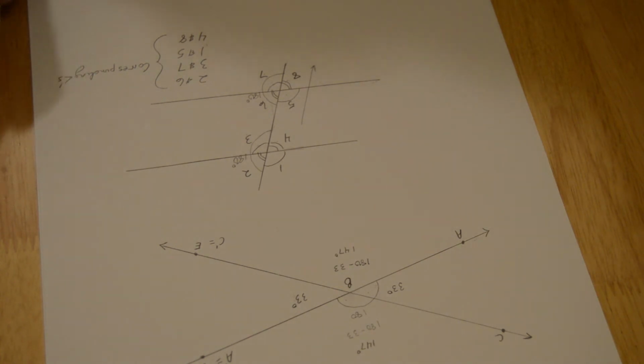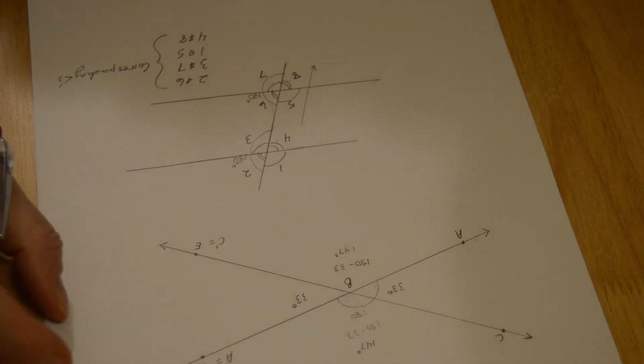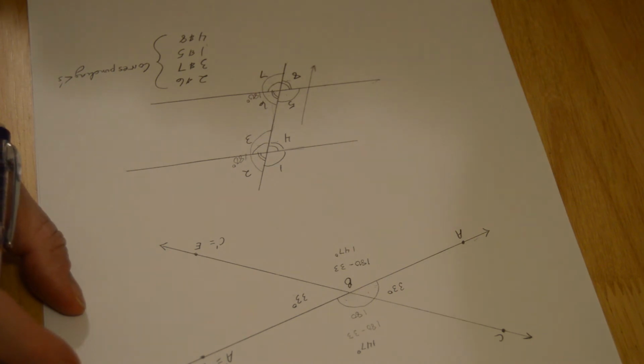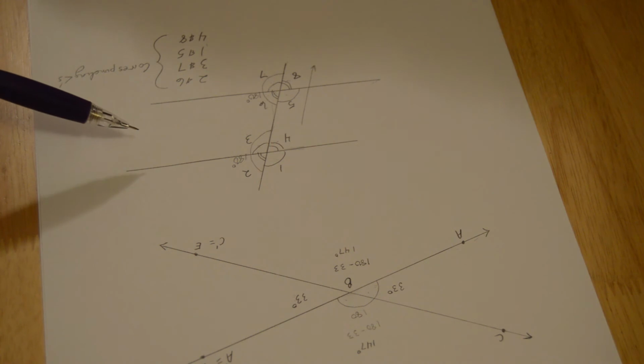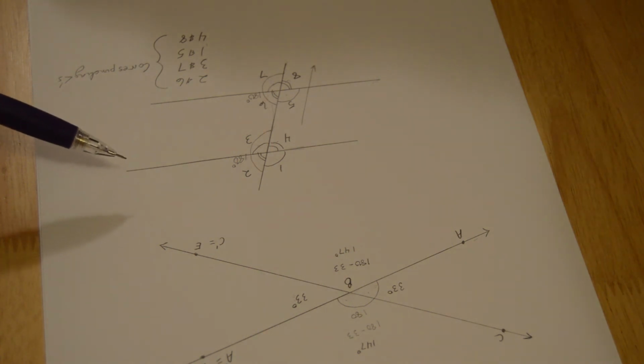And that's one of the theorems in geometry that says when two parallel lines are cut by a transversal, corresponding angles are congruent. And we've proven that that's true through our use of translations.